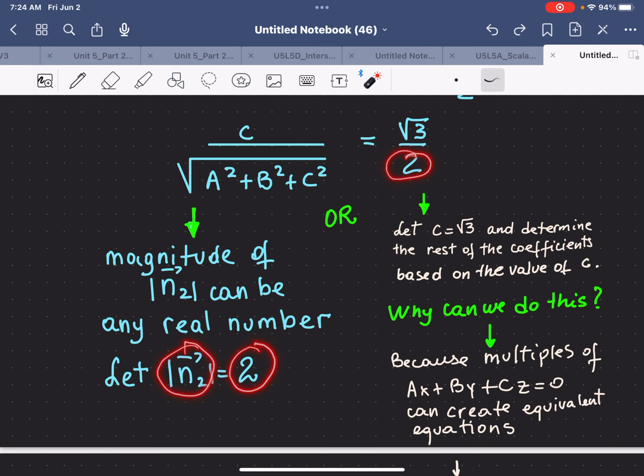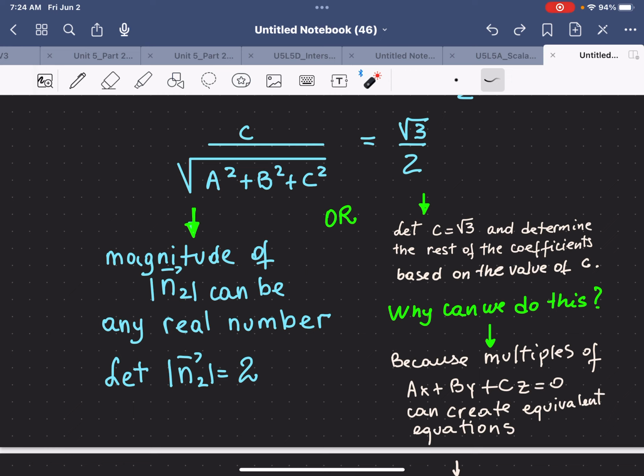You can let it equal root of 2. You can let it equal 100. But again, if we do that, then we would get a more complicated value for c. So if we let this be equal to 100, c would be 100 root 3 over 2, or 50 root 3. So it makes c a little bit bigger than what we want it to be. And we want to write the equations in the most simplified form.